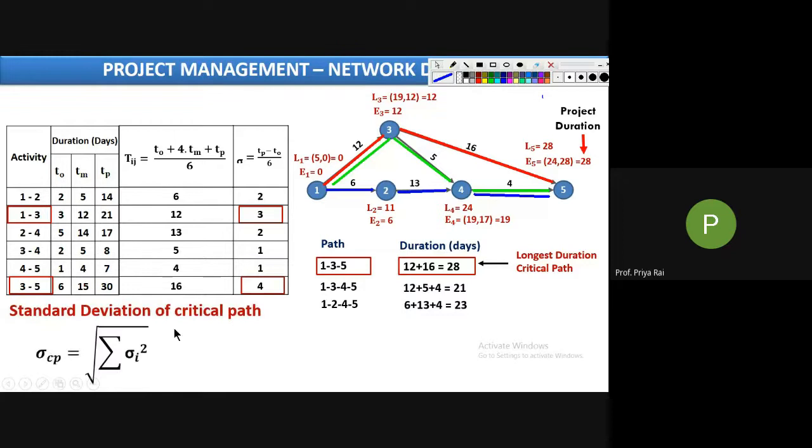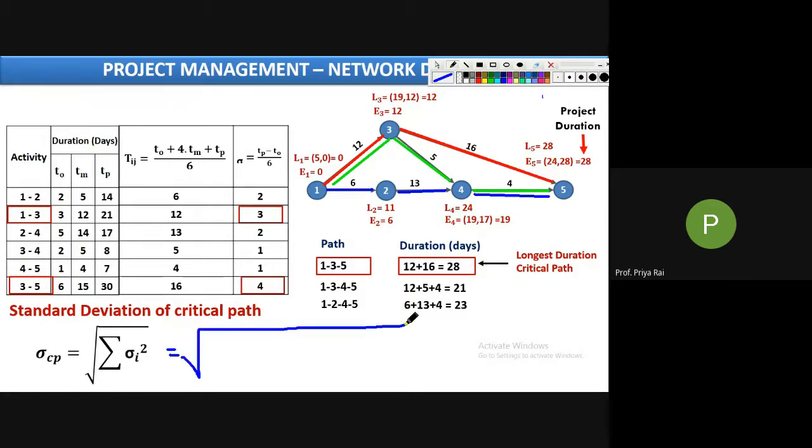The standard deviation of the critical path is the square root of the summation of the squares of the standard deviations of the critical activities in that path. If this path is critical, these activities are obviously critical, so we consider only these values. Now calculate and tell me what is sigma CP.